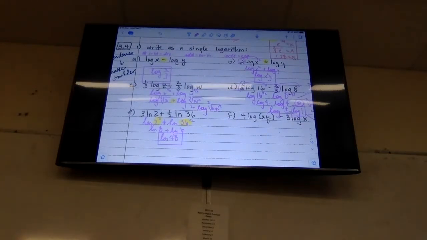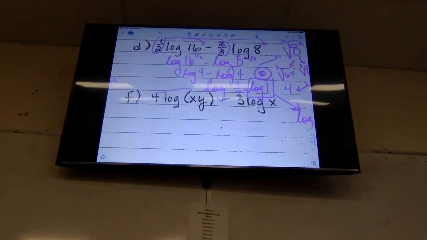And I actually think the last one's the easy one because it's just variable. So get your exponents throughout, do your dividing, and simplify. I'm going to make that go to the 4. Log x to the 4th, y to the 4th, minus log x to the 3rd.